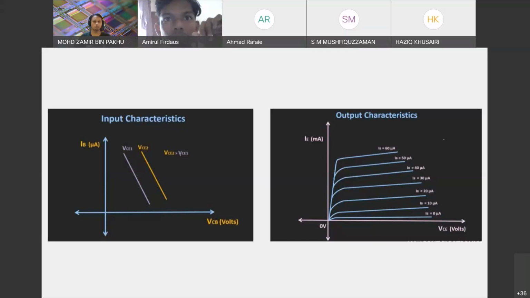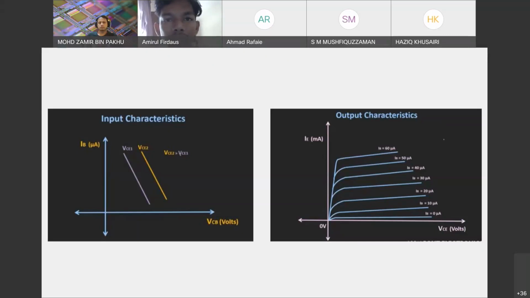For a fixed value of VCB, as we increase the voltage VBE, the base current will increase. Because as the base-emitter voltage increases, more and more electrons will be pushed by the emitter terminal, and due to that, the base current will increase.